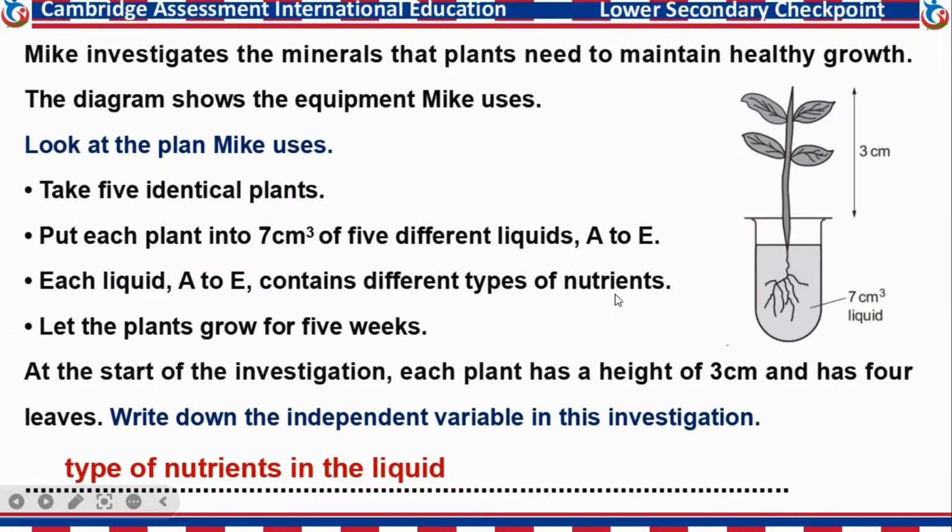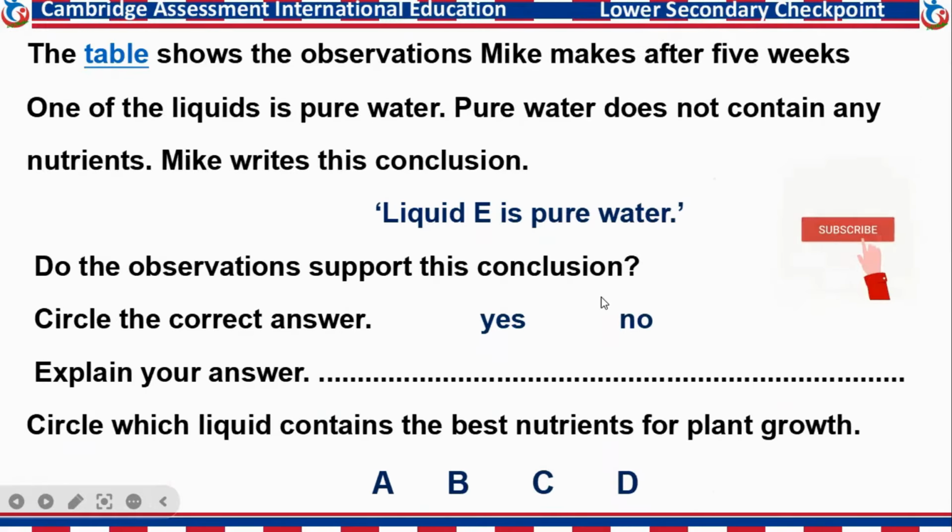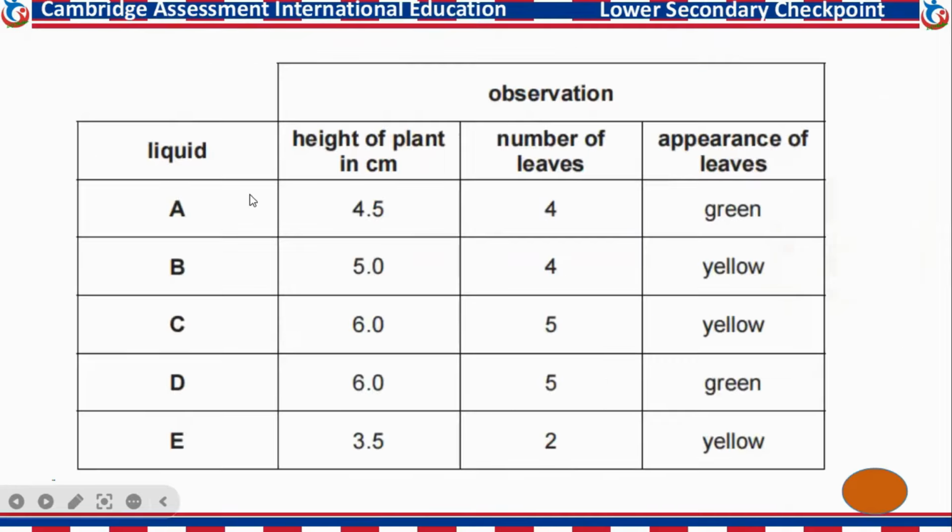So this will now take us to our next question that says, a table shows the observations Mike made after 5 weeks. So after the experiment, these were the observations. You see the liquid labeled A to E, the height of the plant in centimeters.